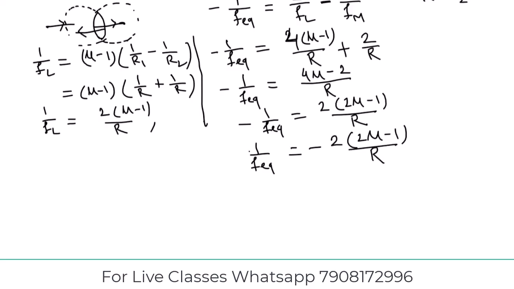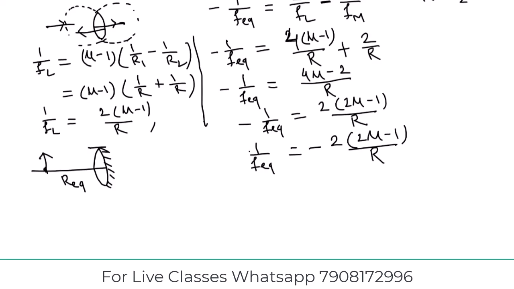Now the total system, that is the lens and mirror system, acts as a mirror, and we have to find the location for which the object distance and image distance are the same. If r equivalent is the radius of curvature of this equivalent lens-mirror system, then the object must be put at the center of curvature of this equivalent system, then only the image will form at that center of curvature.